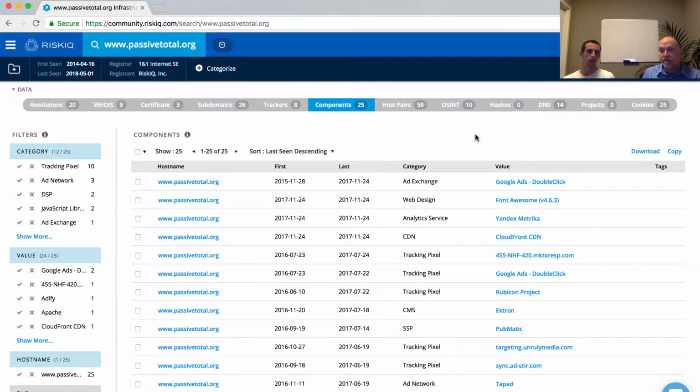What I like in using components is that you can sometimes find some unique information in there. Maybe some unique tracking pixels that have been deployed that are more specific than the generic tracker information. So maybe it's something that is part of the technology stack itself. Another one that I like, and a great example, is CoinHive. CoinHive has exploded in popularity, cryptocurrency in the browser, mining coins based on your user's activity.